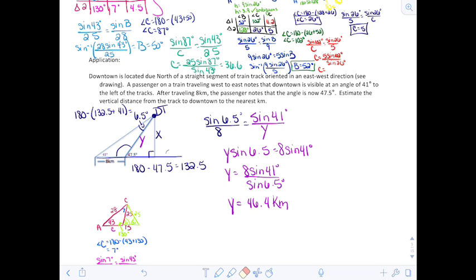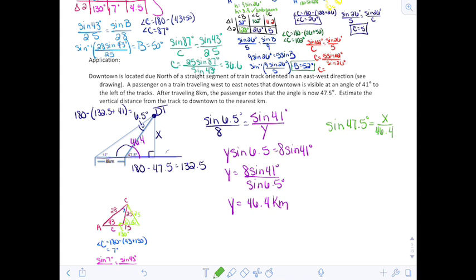Okay, so now that y, I'm going to replace that with 46.4. Now I'm going to use the smaller right triangle. I have the angle of 47.5. I need the opposite side, and I have the hypotenuse. So I can say that the sine of 47.5 degrees is equal to x over 46.4.